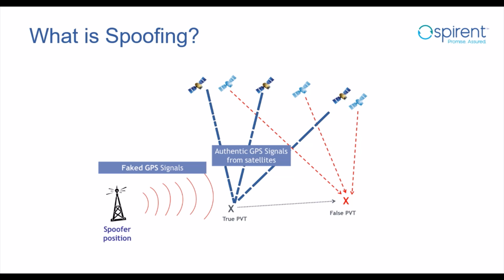And in whatever way the spoof transmitter attempts to deceive your device, the ultimate aim is to make your device think that it's in a completely different position and/or at a different time to its true position and time.